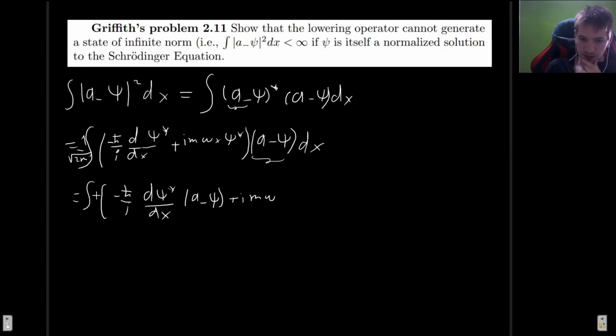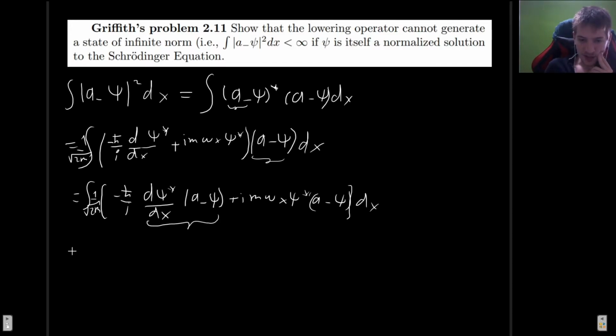Sorry about that. I'm going to put it right here. i m omega x psi conjugate A minus psi and dx. Okay, so what we want to do now is just take a look at this right here.